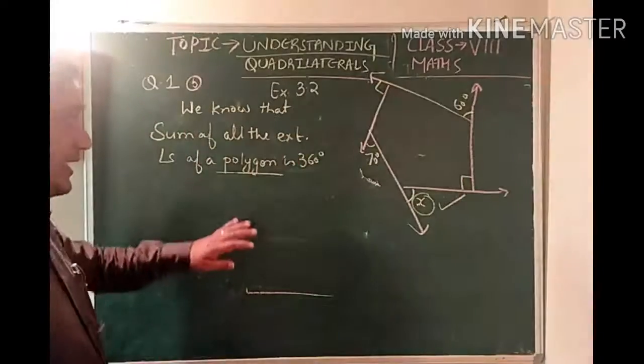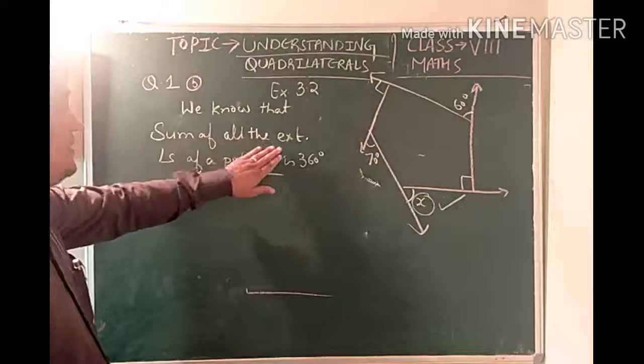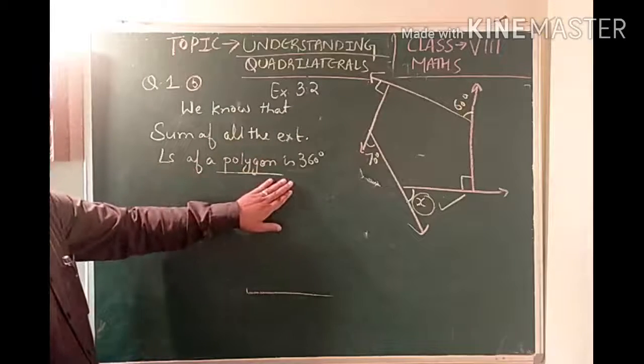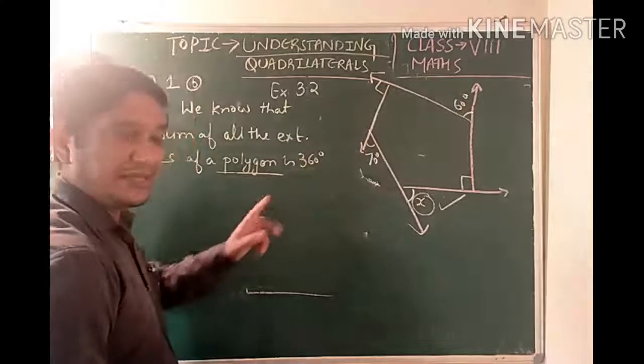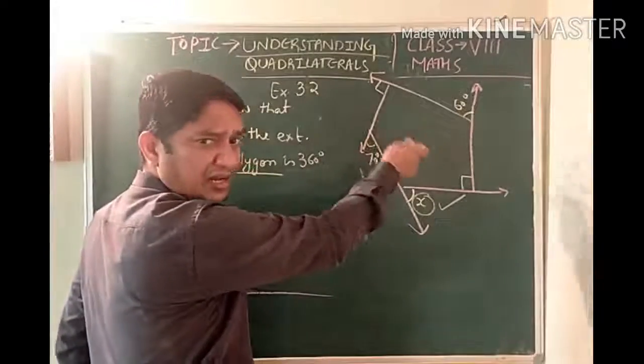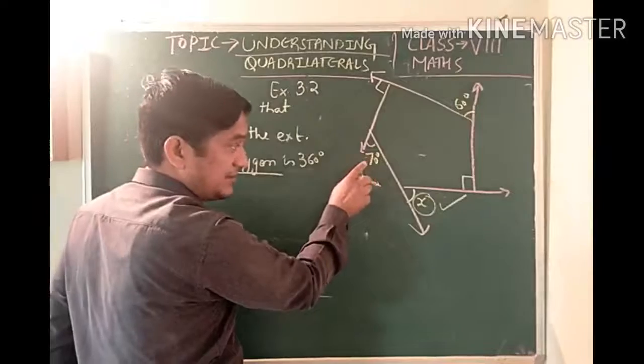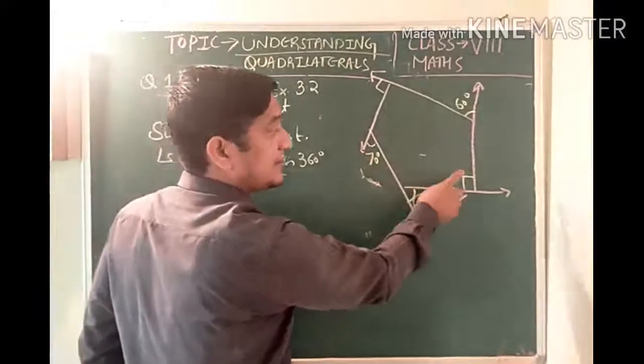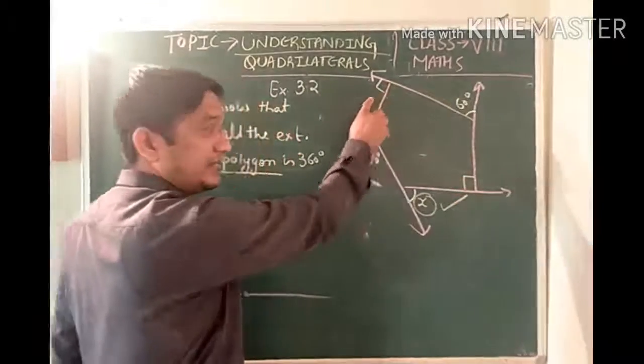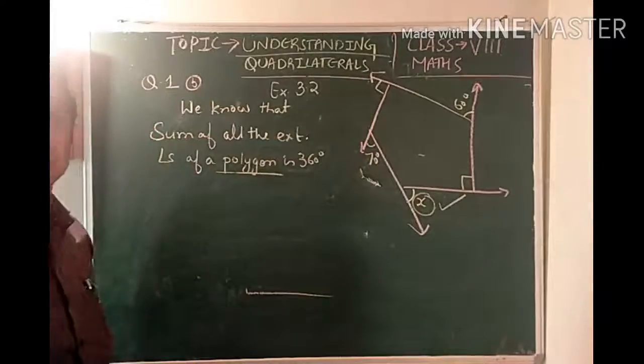Children, as we know that the sum of all the exterior angles of a polygon is always 360 degree, whether it is a pentagon, quadrilateral, hexagon, whatever. The sum of this x, 70, 90, 60 and this 90 is equal to 360 degree.